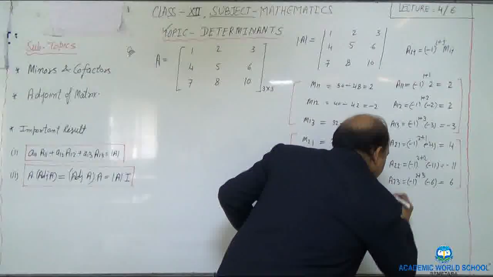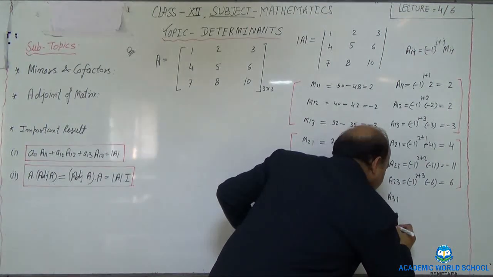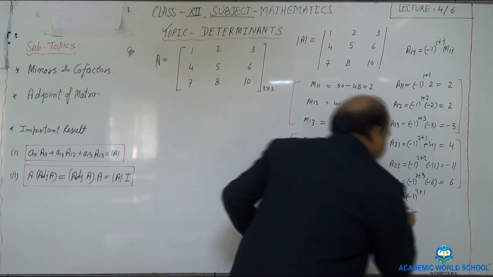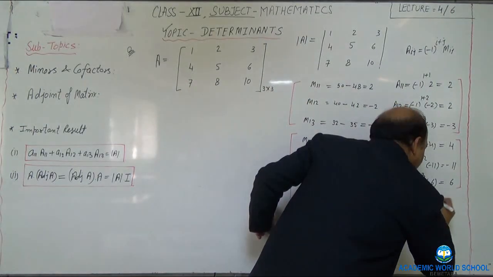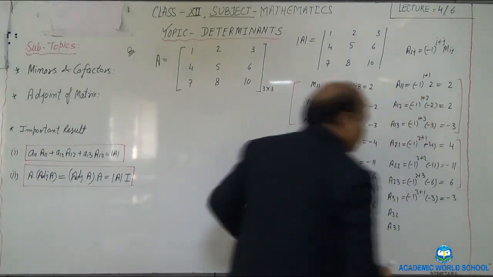So this is A31, A32, A33. Just write down minus 1 to the power 3 plus 1, and the minor of this is minus 3. Now you can see that the power is even, therefore it will remain minus 3.